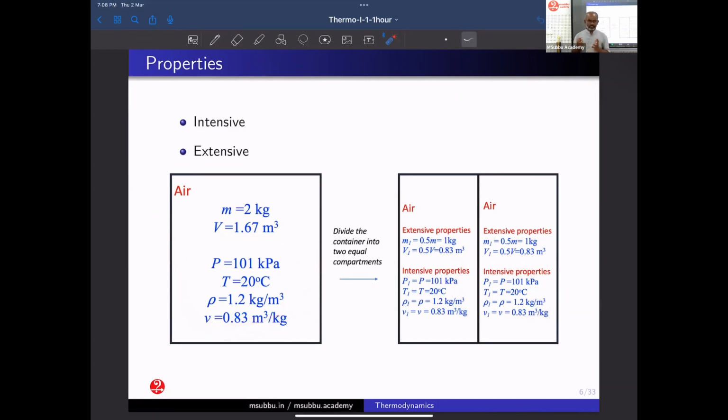Otherwise, simply anything per kg or per meter cube is what is called an intensive property. So the nice intensive properties are the specific heat, specific energy, and for extensive properties, all these energy quantities in joules, mass, volume. These are all extensive quantities.